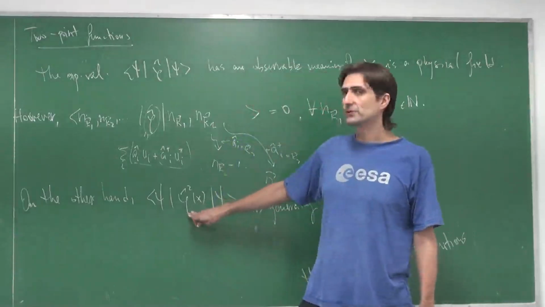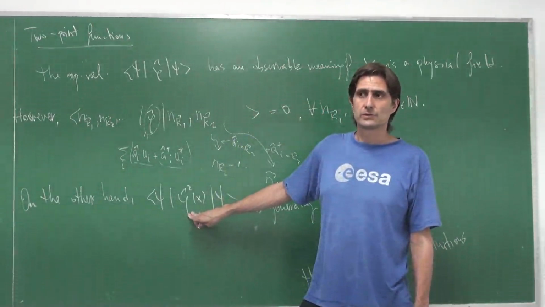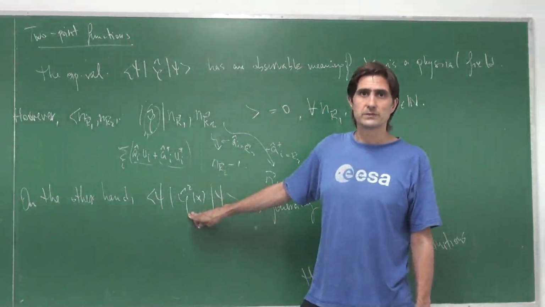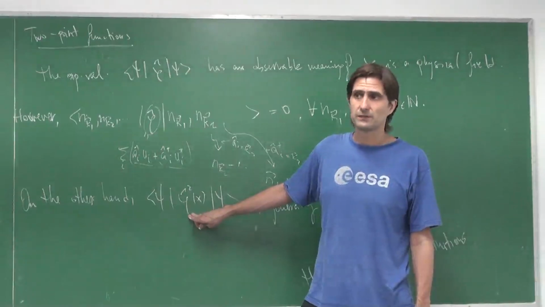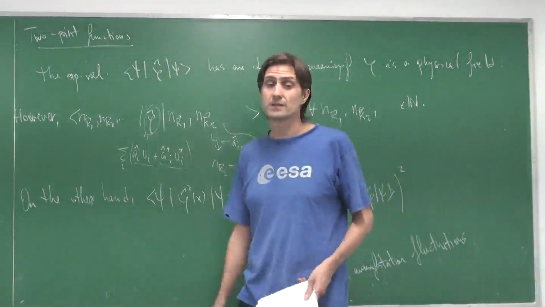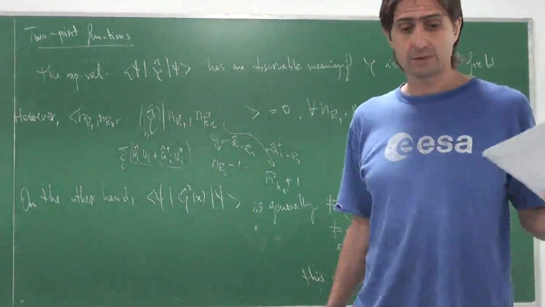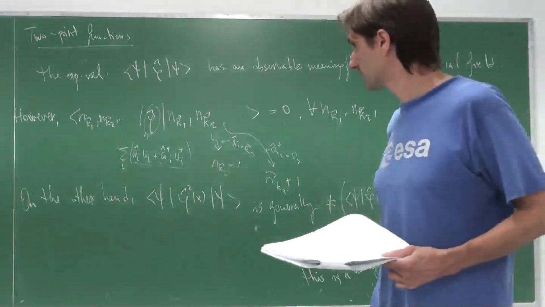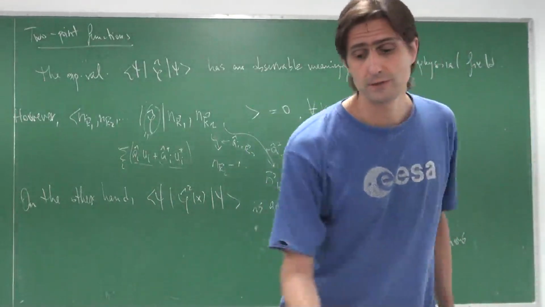It's an operator-valued distribution, and you can't just arbitrarily multiply distributions. The product of distributions in general is not well defined. There are certain circumstances in which it is, but in general it's not. So you're right, that object is not well defined. We have to renormalize it in order to get something which is well defined.